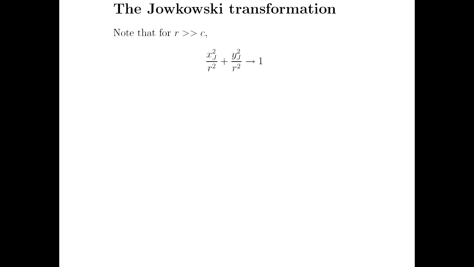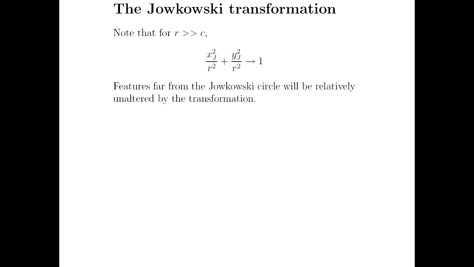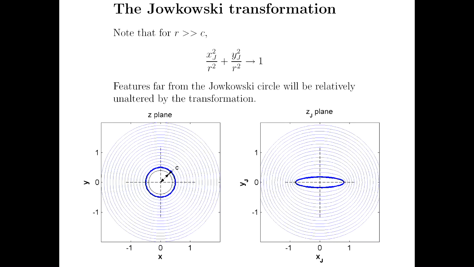So the transformation has no effect, and the effects of the transformation are not really felt when C is much smaller than R. If you look here, when the radius of your cylinder is very large, in the transformed plane it still remains a cylinder when R is much greater than C.